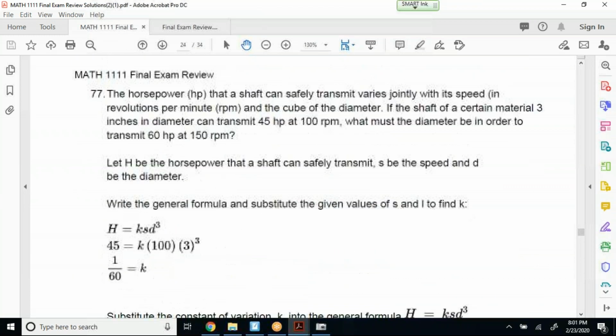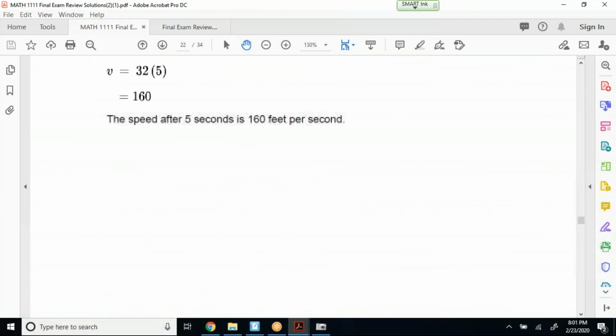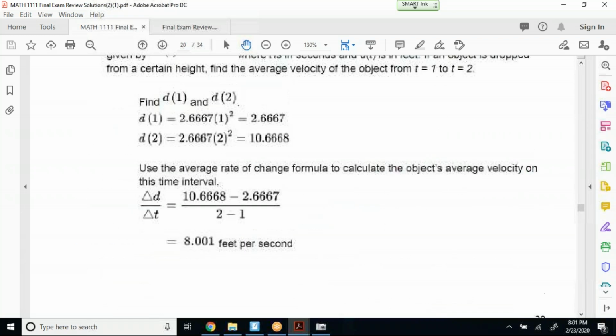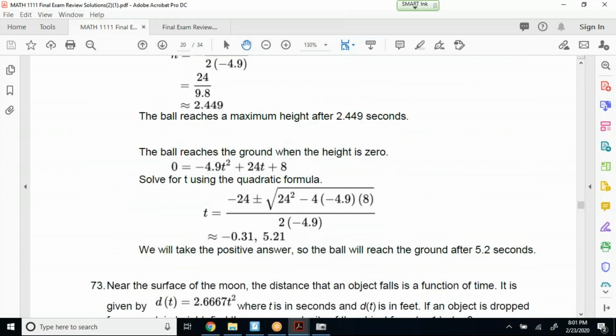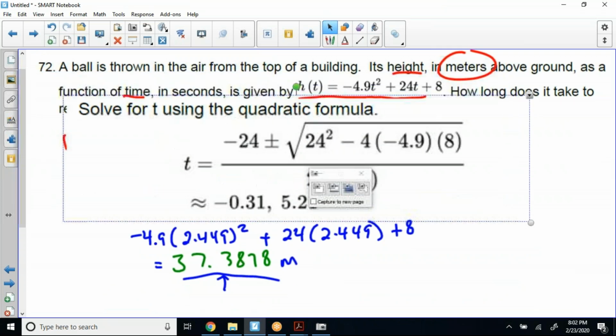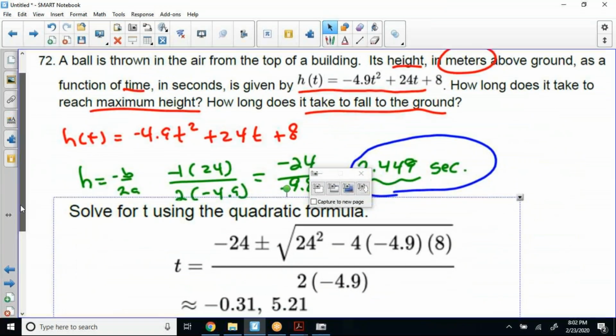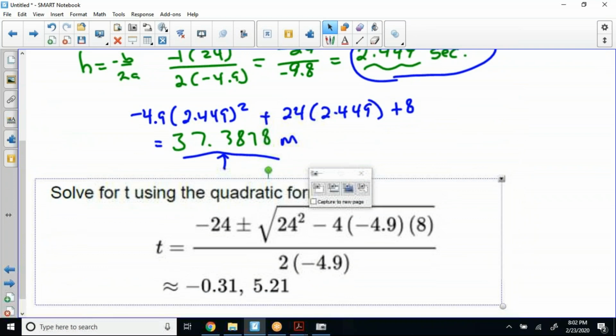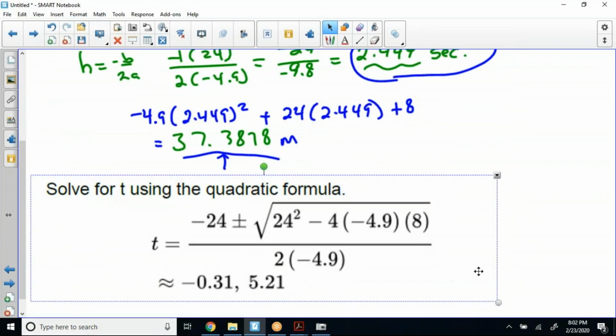Let's see, 72, where you at? Yeah, right here. There we go. And this, I'll just move this on down. So here's the quadratic formula. It's all plugged in. You'll get negative 0.31 and then 5.21.